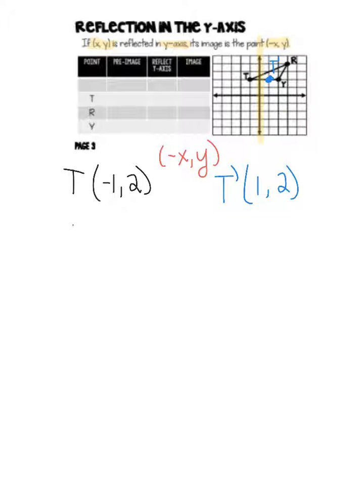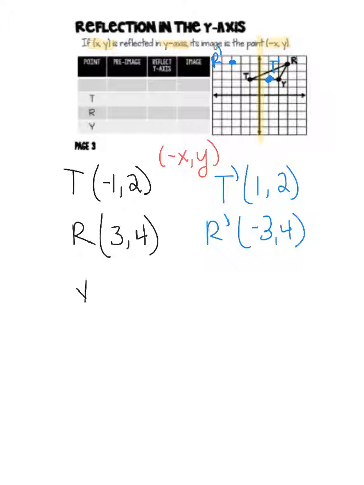Okay. R is at point 3, 4. We apply our transformation, and we get R prime is negative 3, 4. Plot this. Get negative 3, 4. Alright, see how it's reflecting across that line?